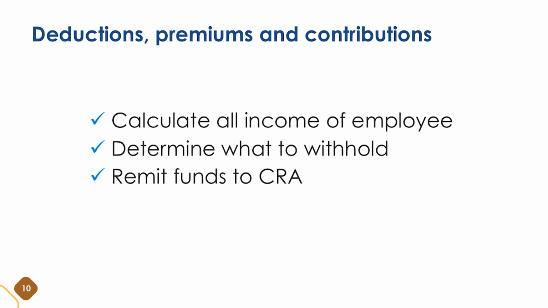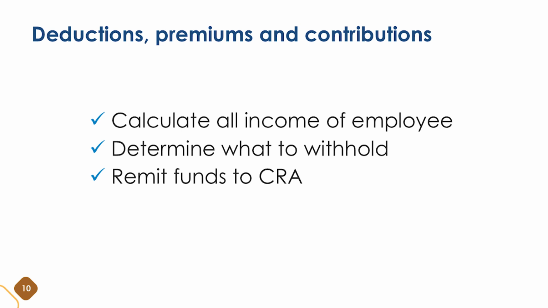As an employer, you must correctly calculate each employee's total income, including salary, wages, taxable benefits, allowances, and other remuneration. Then, you will have to determine the amounts that must be withheld from that pay, including Canada Pension Plan contributions, additional Canada Pension Plan contributions, CPP2, employment insurance premiums, and income tax.